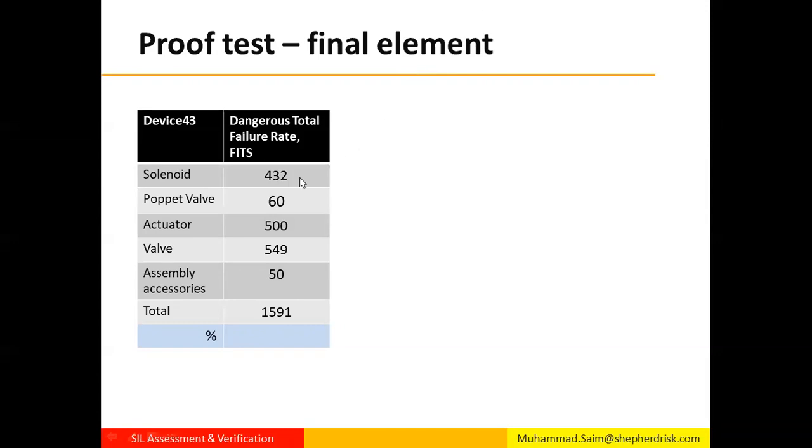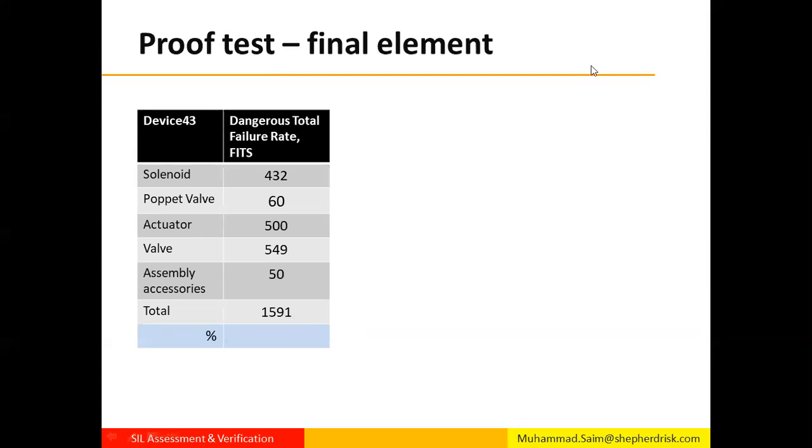For example, the solenoid has a dangerous failure rate of 432 FITs, and FIT is failure in time, measured as one failure per 10 power minus 9 hours, 1 in a billion hours. So for each component of the ESD valve, we have certain dangerous failure rates. The total dangerous failure rate is 1,591 FITs.